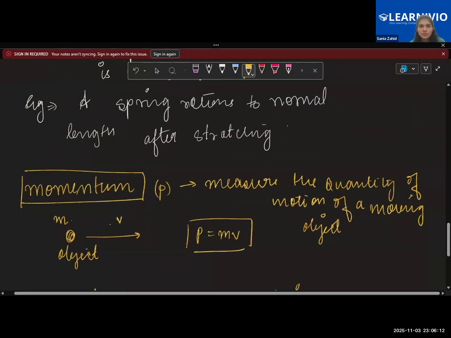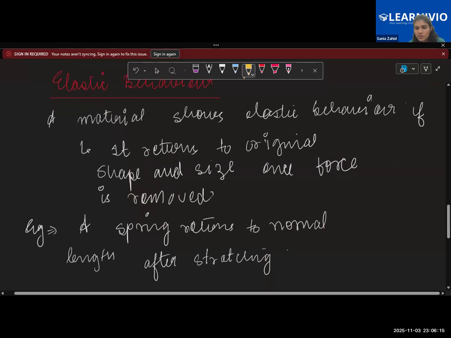Okay, do one thing. Just first note this much down and then I'll explain further points.